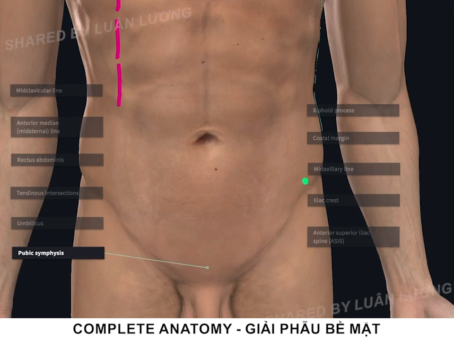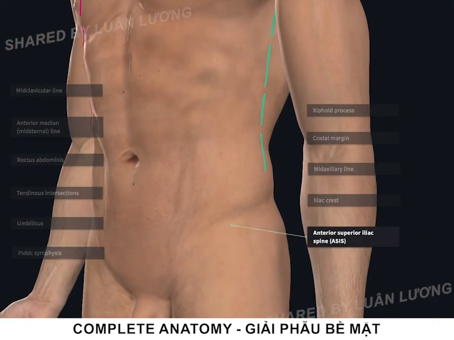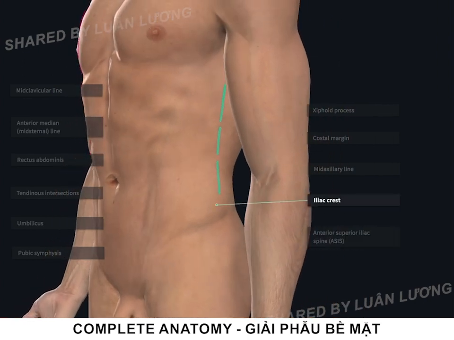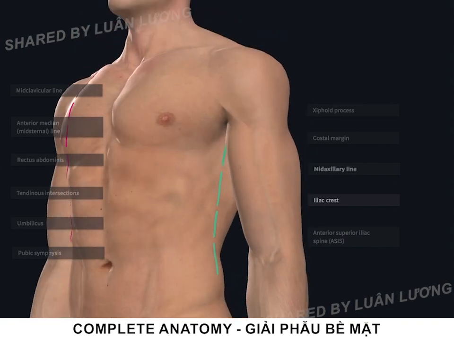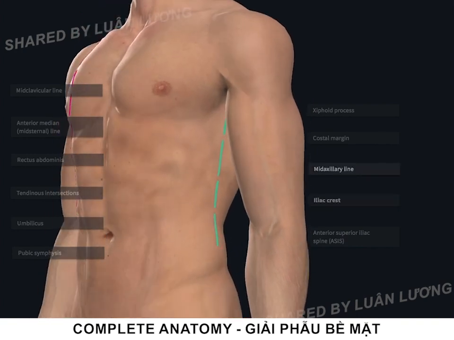But at the lateral extent of the inguinal ligament, we can palpate the anterior superior iliac spine, part of our hip bone, or the ilium. Moving from the ASIS superiorly and laterally, we can feel along our hip bone, which is the iliac crest. And the iliac crest is going to meet up with the mid-axillary line, typically towards the most superior extent of this bone.